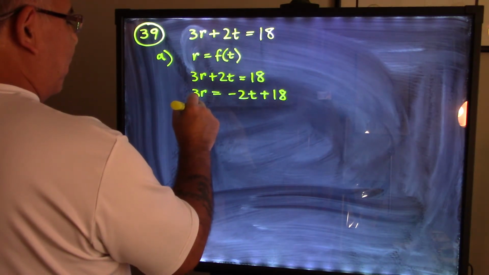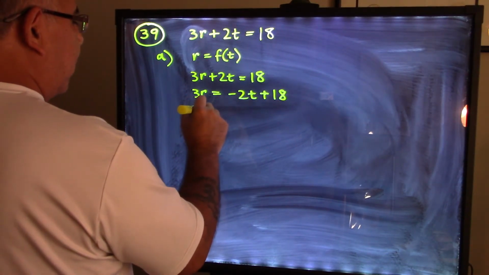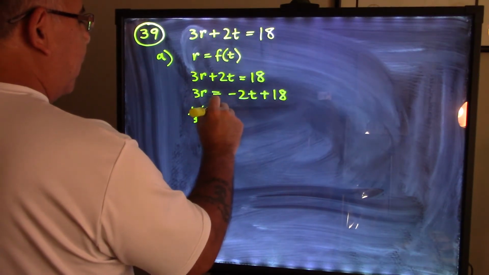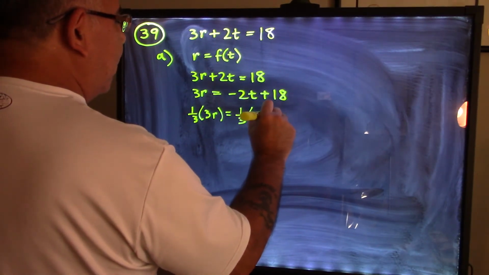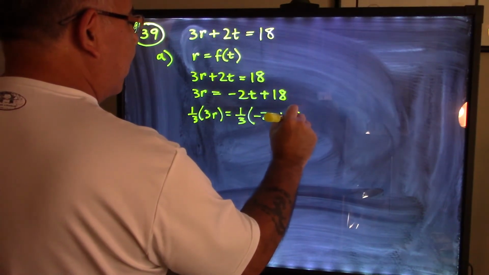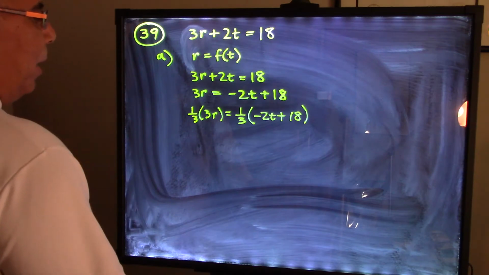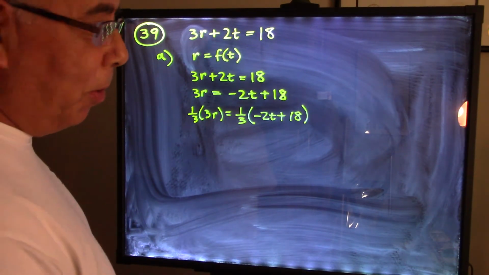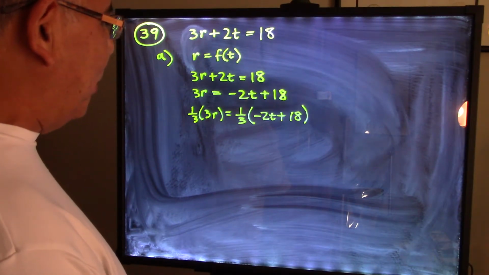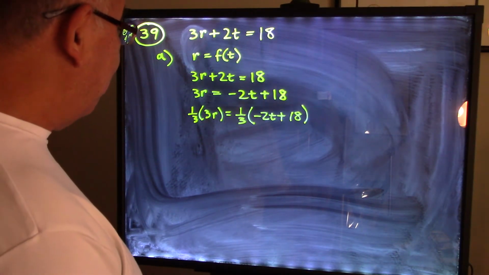So you got 1/3 times 3r equals 1/3 times negative 2t plus 18. Dividing by 3 is the same as multiplying by 1/3. That's another little fact you can use sometimes to help you solve problems.